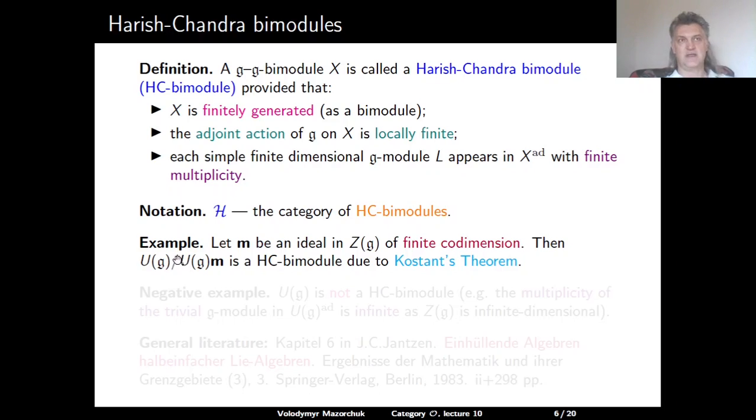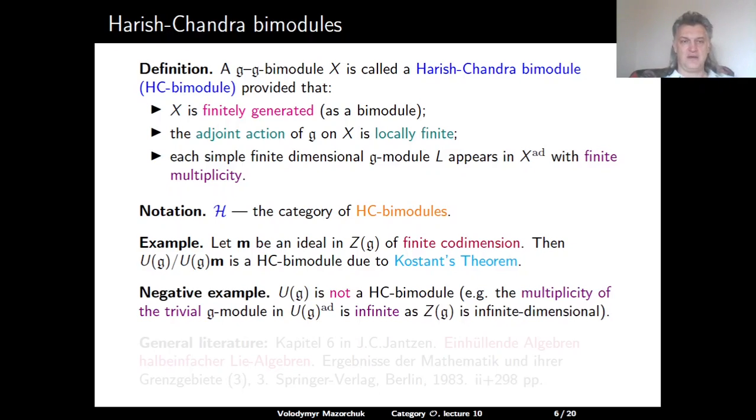So the multiplicity will be at most the dimension of the zero weight space given by Kostant's theorem times the dimension of Z(G)/m, which is finite by the assumptions. So this quotient is a typical example of a Harish-Chandra bimodule.